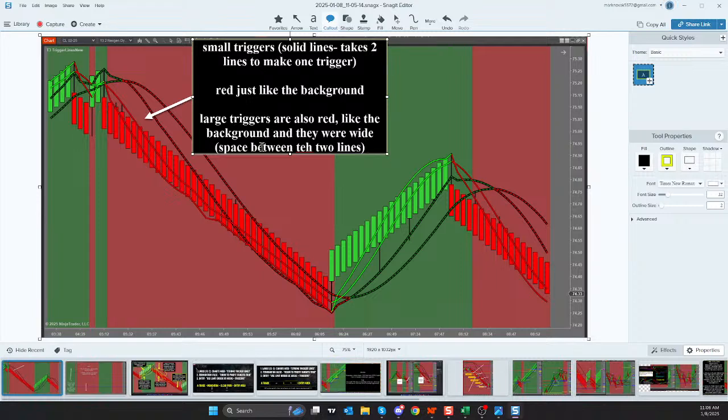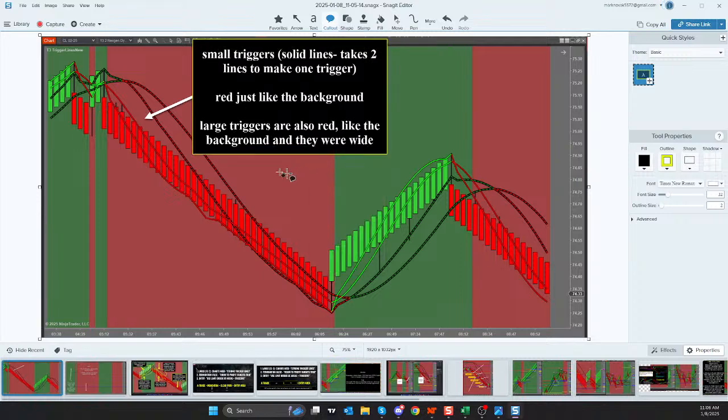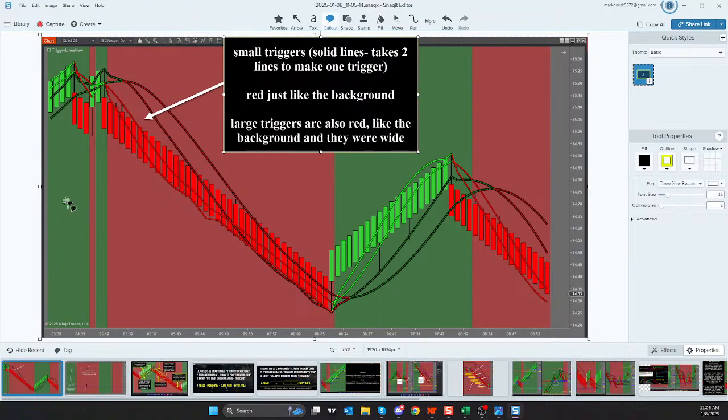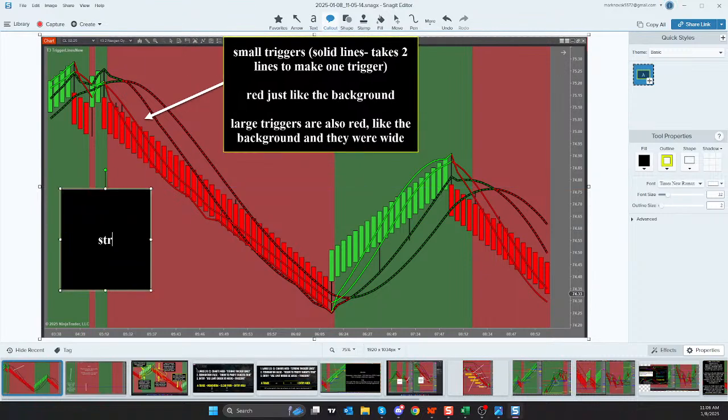So what we're looking at right here, whoops. This is literally strong triggers down. This is rule 1 met when looking to sell the market or take a short trade. So this is 100% what it's going to look like when you have momentum to the downside.